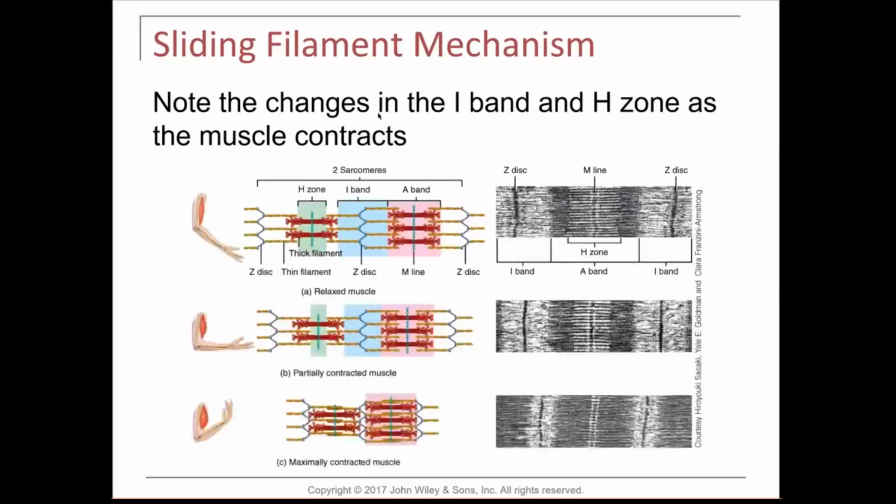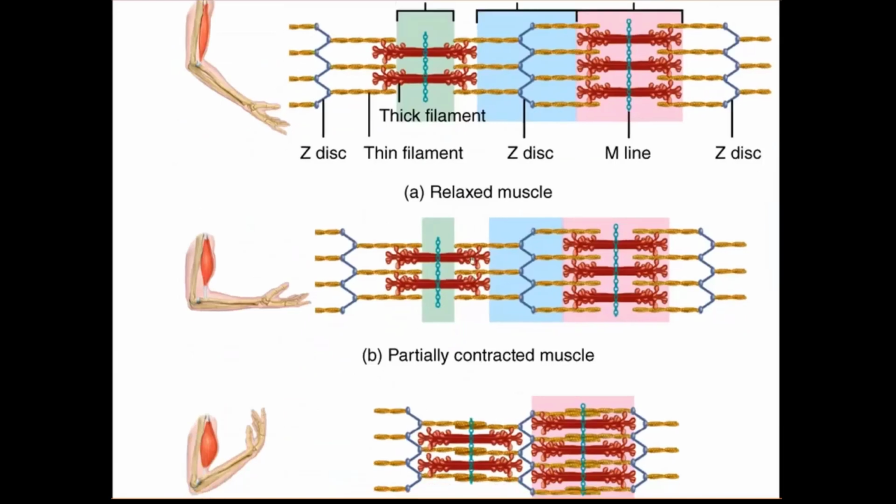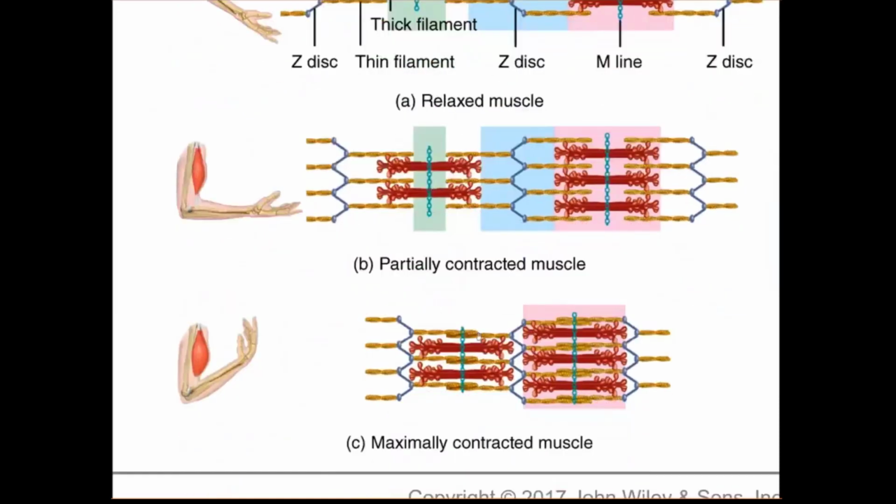Okay. Here's an example of the sarcomere actually contracting. Here we see a muscle that is somewhat contracted. We can see at the sarcomere level that there is the H zone highlighted here in green. But as this muscle starts to contract more and more, if you zoom in a little bit here, what you can notice is the thin filaments are basically moving atop the thick filaments more and more, to the point where it's fully contracted, and now they're basically just hovering on top of the thick filaments entirely.